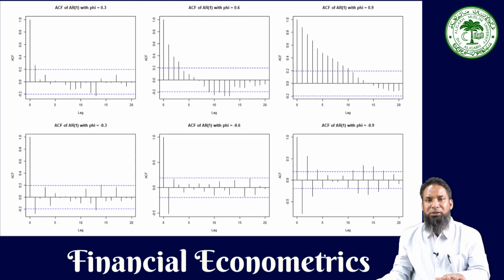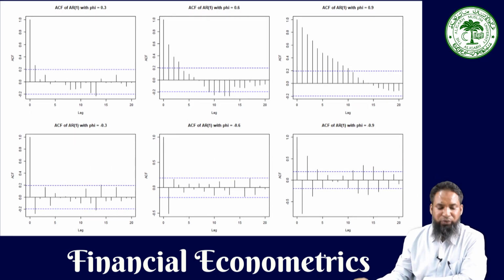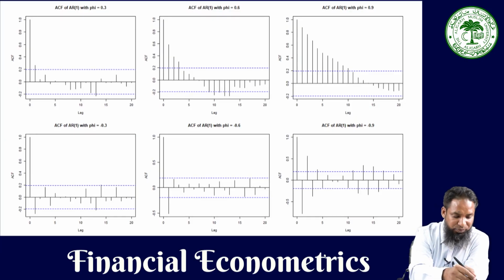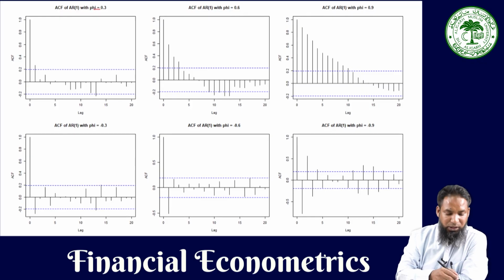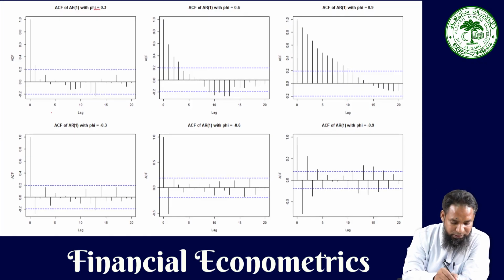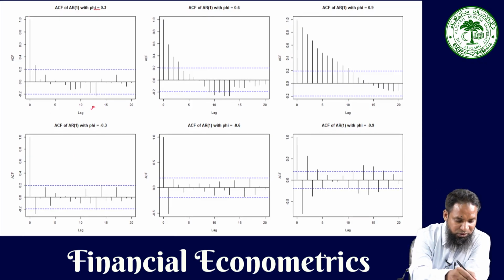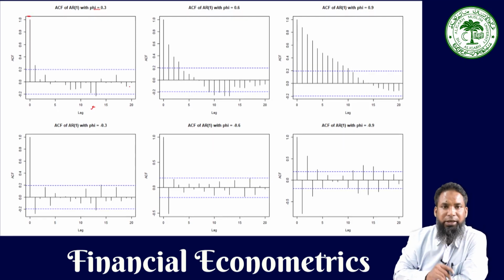That we can observe here. Let us say when phi 1 is equal to 0.3, we can observe that as time passes, the autocorrelation function at lag 0 was 1, and after that it starts declining.